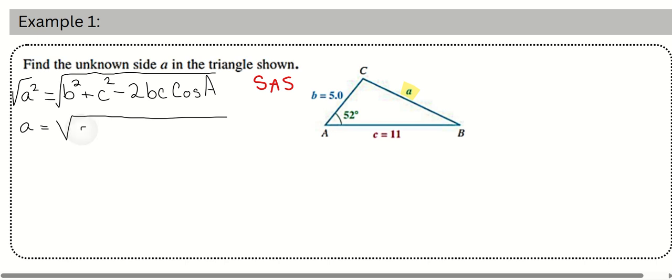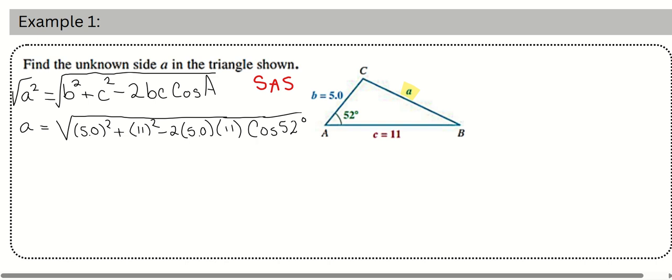So little b is 5.0 squared plus little c, which is 11 squared minus 2 times little b times little c times cosine of 52 degrees.